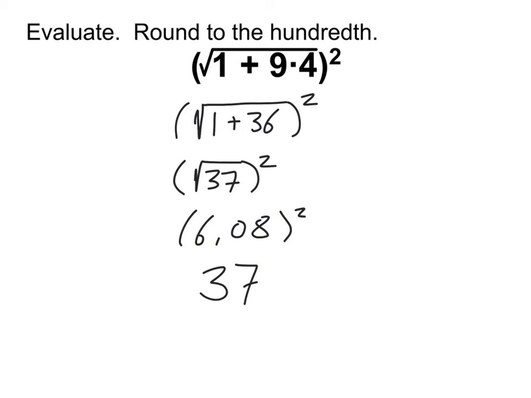Square root means what number times itself, that is, what number squared, will equal this. So, what number squared equals 37? 6.08, which when squared gives us 37. It's actually because square roots and squares undo each other. It's a cool little trick. It's one we'll be using more later this year, too.